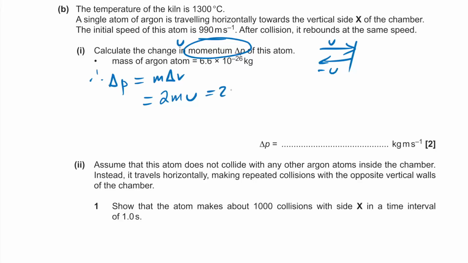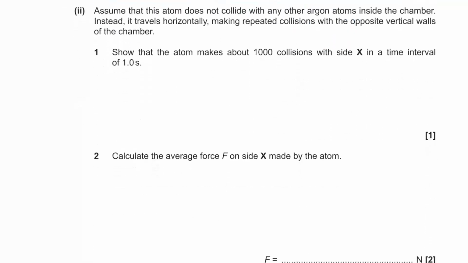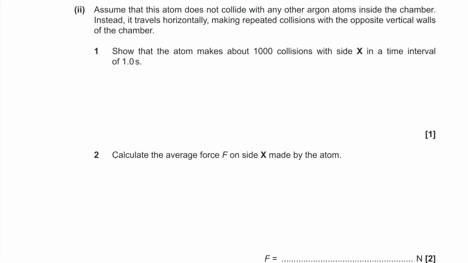So that's going to be 2 times 6.6 times 10 to the minus 26 times speed of 990. And that gives us 1.3 times 10 to the minus 22 kilogram meters per second. That's our impulse of the atom. Assume that this atom does not collide with any other argons.